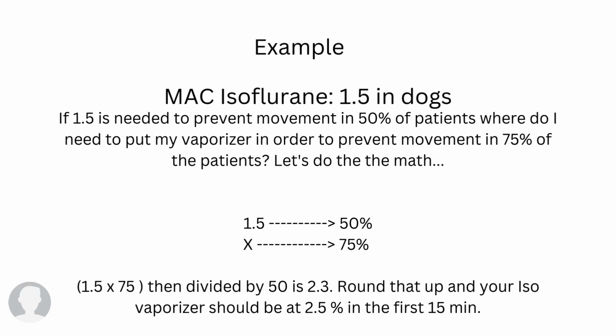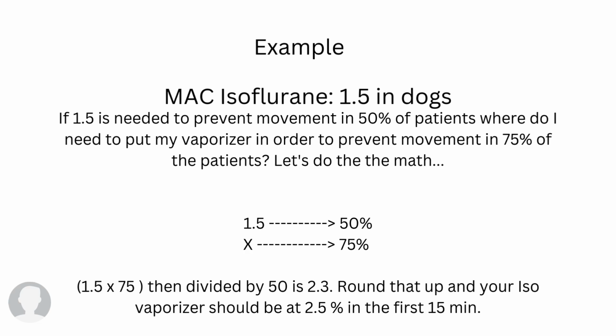If 1.5 goes to 50%, how much will be 75%? You're going to multiply 1.5 by 75, and then you're going to divide by 50. This is going to give you 2.3.